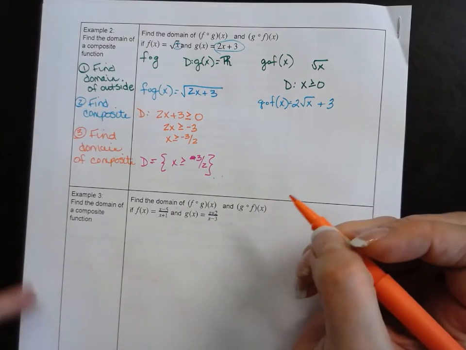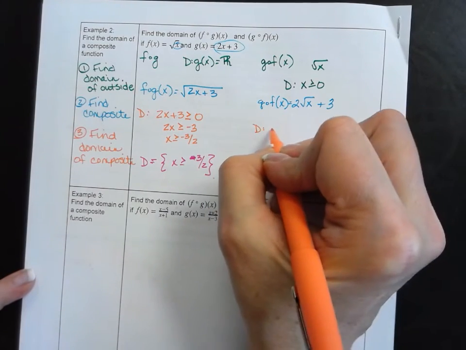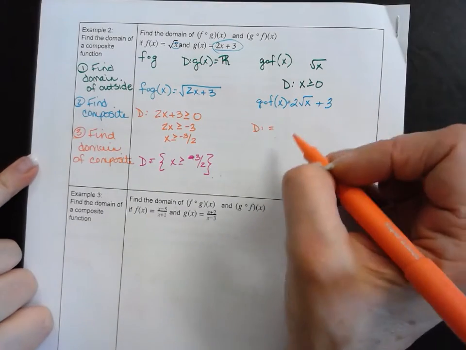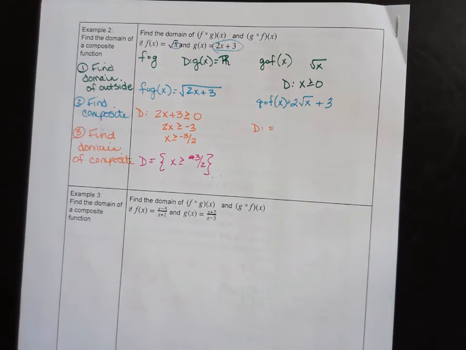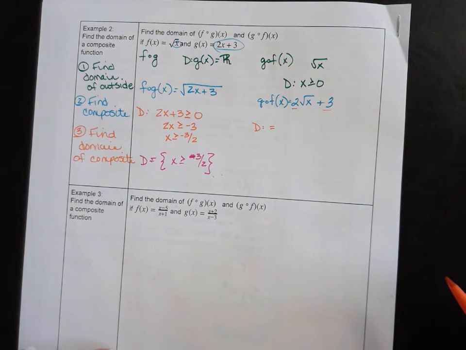Okay, so to find the domain, do I have a square root? So that means, what do I want to do? Which part do I want to set greater than or equal to 0? Do I need to do anything with the 2 or the 3?